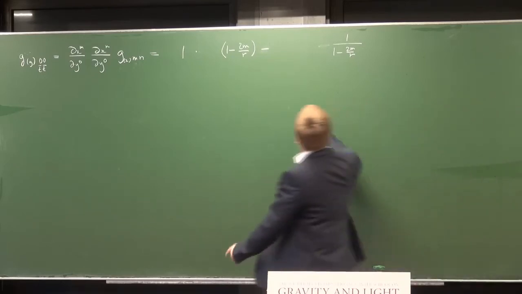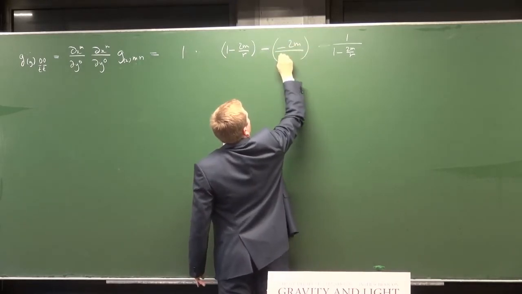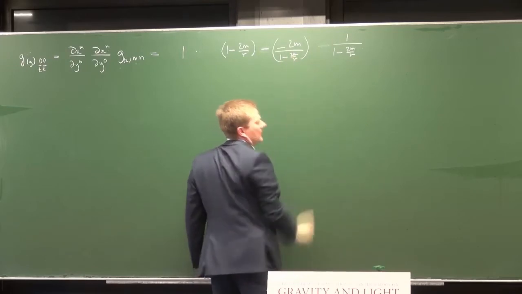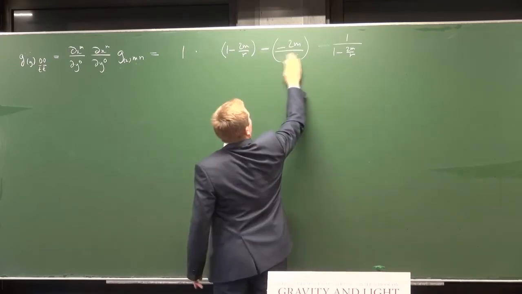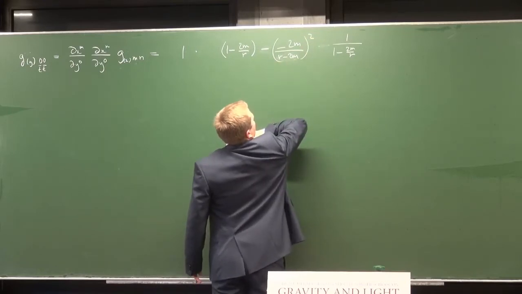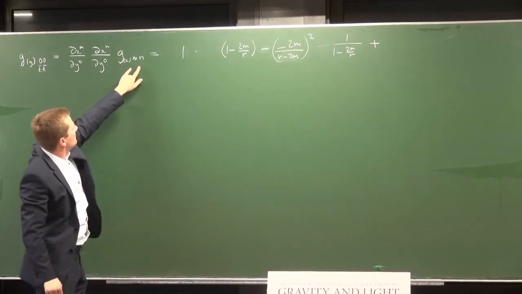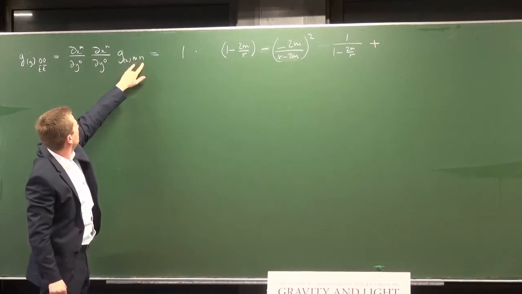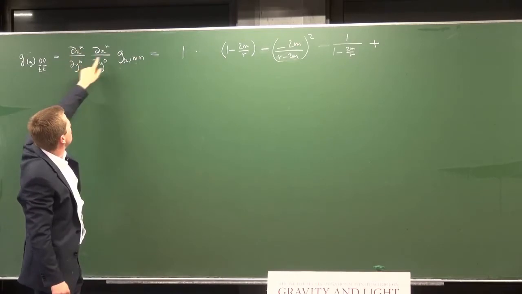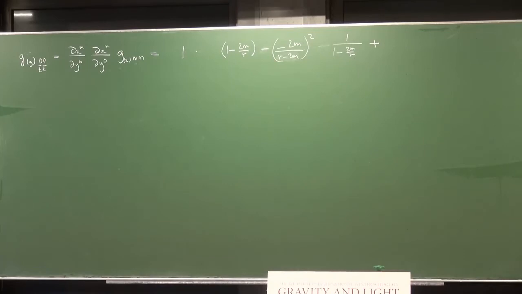So it's minus 2m by r minus 2m, all squared. Plus, summation convention, comes G33 times dx3 by dy0, dx3 by dy0, which is 0. The same for dx4 by dy0, dx4 by dy0, also 0.